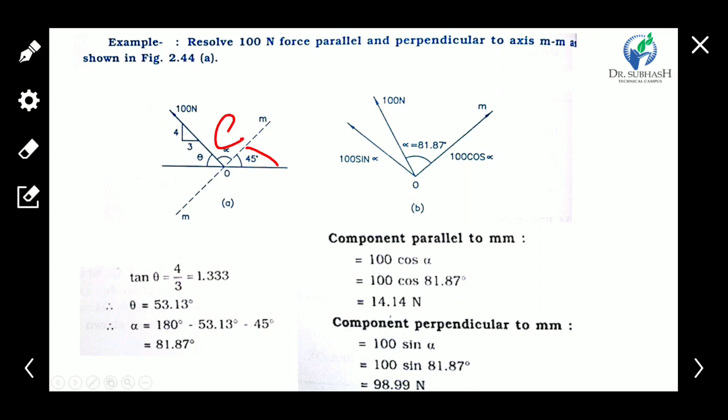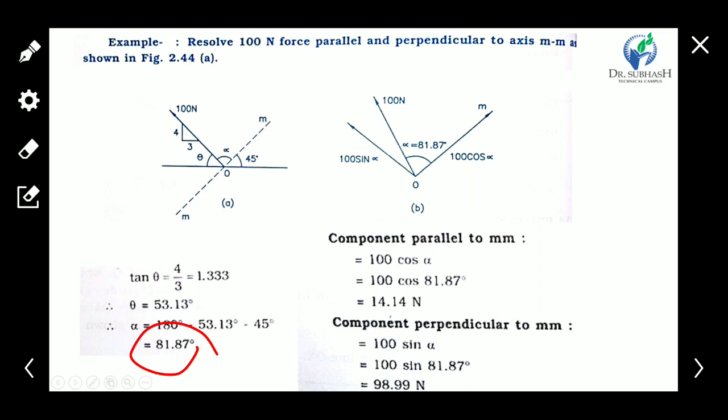So we get the alpha angle. We know that the total angle on the horizontal line is 180 degrees, so 180 minus 45 degrees minus theta gives the value of alpha, 81.87 degrees.